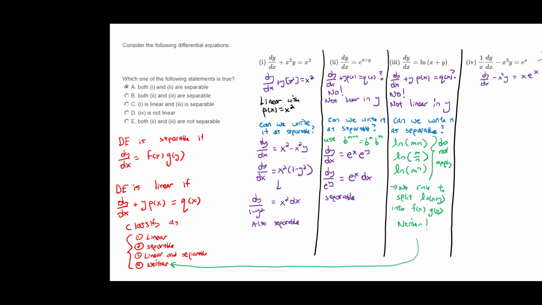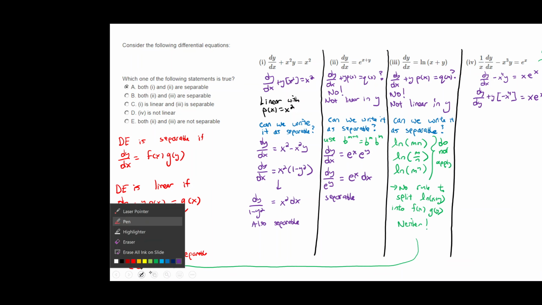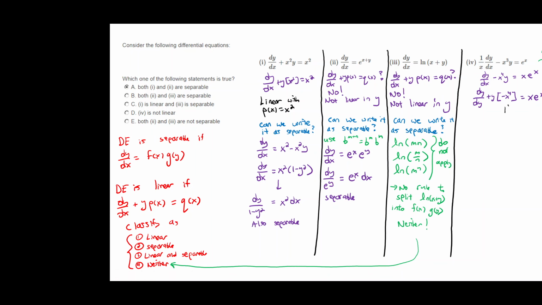The reason we did that is for linear form, there can't be anything in front of the derivative term. Right now there's a 1 over x, and to get rid of it, if I multiply by x, that'll take care of it. It's almost there. I just have to absorb that minus sign into the p of x properly. There's no need to identify what p of x is, just that it's linear.